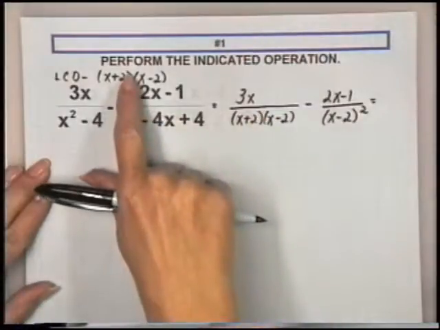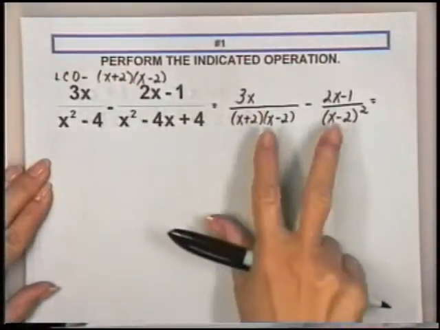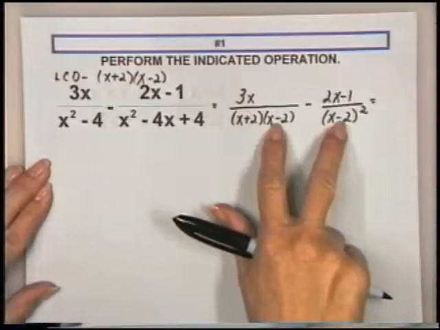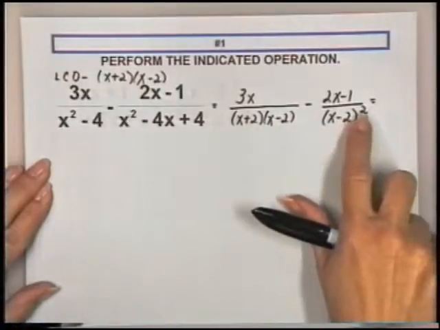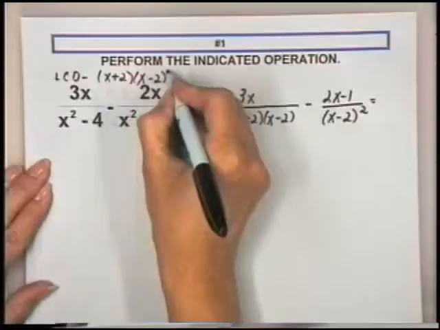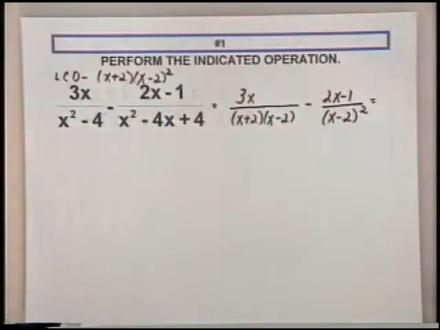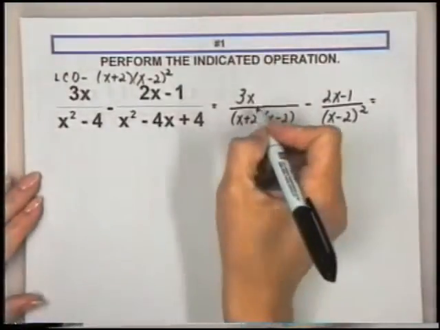The x plus 2 is raised to the first power, so I will only use it raised to the first power. On the x minus 2, the highest power it is raised to is the second power, so I will have to use x minus 2 squared. I have found the LCD.